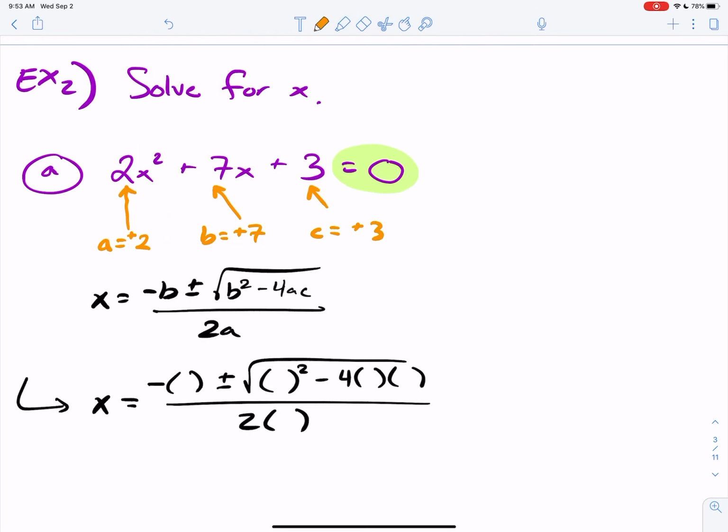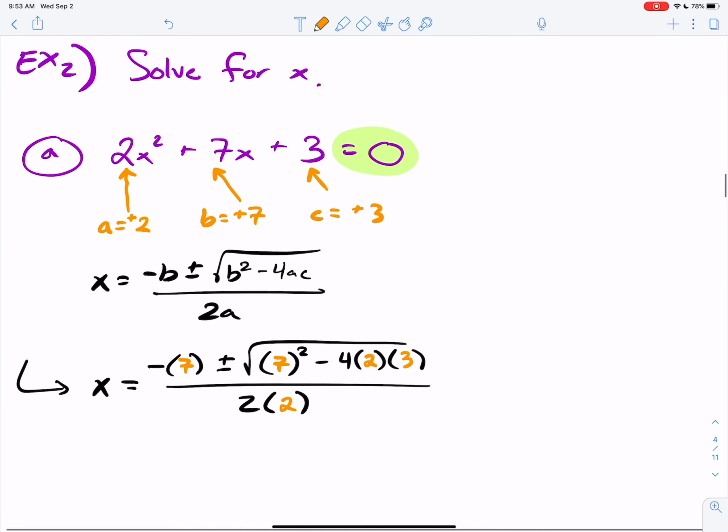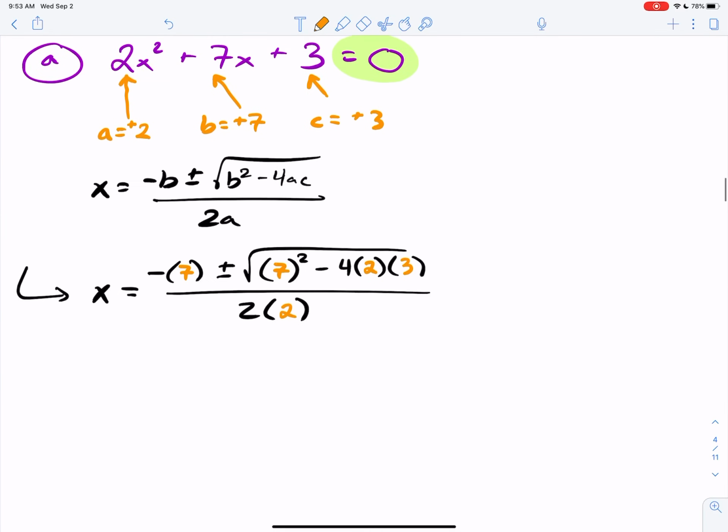So here we go. X equals negative b. Well, what's b? I know b is 7. All right? Plus or minus square root of b squared minus 4ac all over 2a. If you color coordinate, it's really tough to mess up. All right?